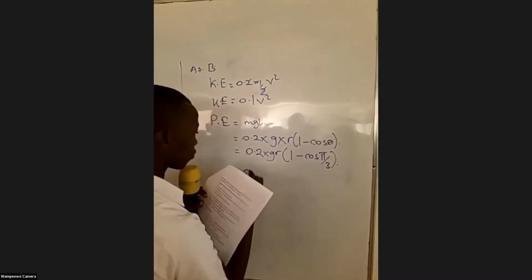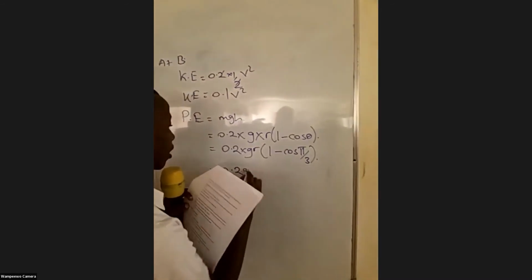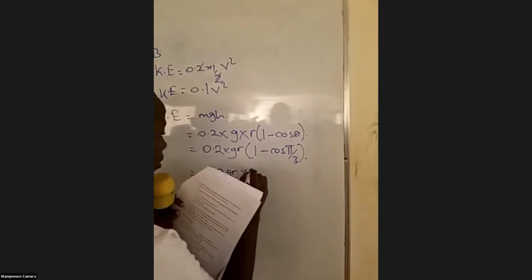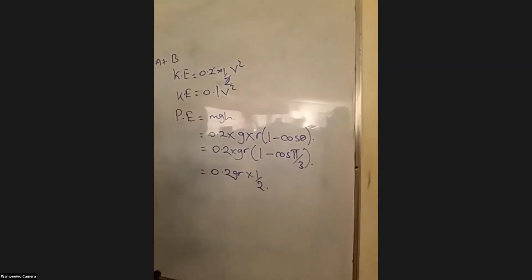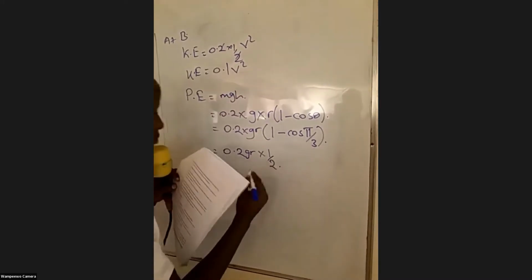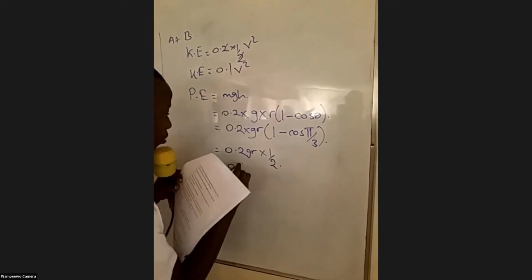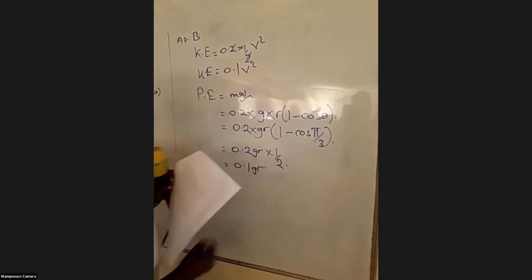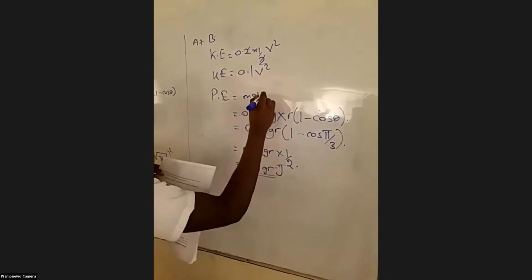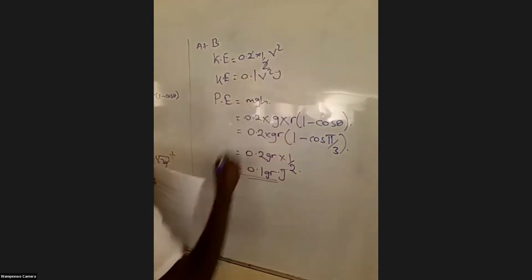So I'm going to have 0.2gr times a half, which is 0.1gr. These are joules.